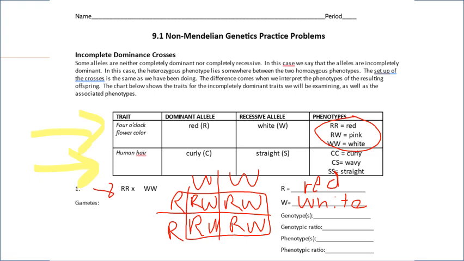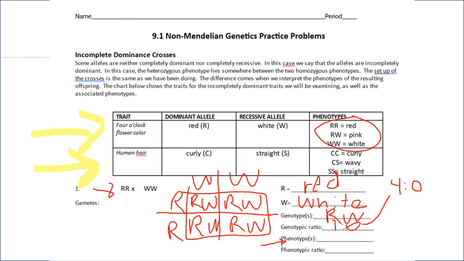So when it asks what are the genotypes, I would simply put RW because it's 100% RW. The best way to describe 100% is to just put 1.0. Sorry, it's hard to see. You could also put 4 to 0, but that's just saying that it's 100%. So either 1 to 0 or 4 to 0.